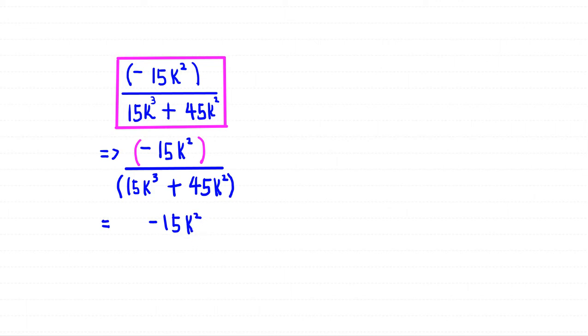and over the denominator. Let's think about the greatest common divisor of 15 times k to the third power and 45 times k squared.